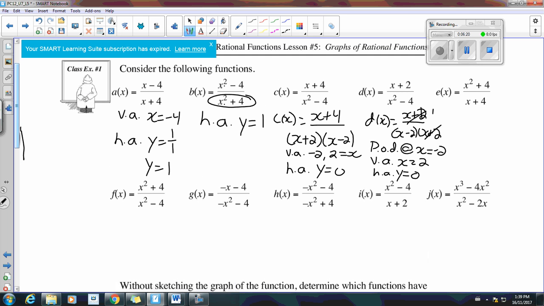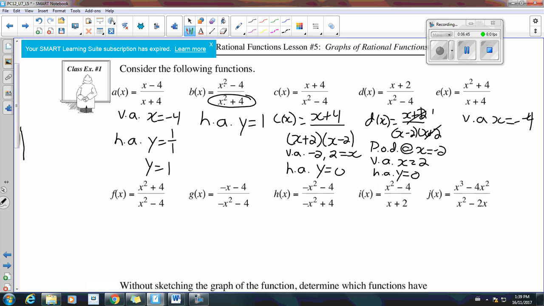Okay, the next one can't be factored, but there would be an asymptote here coming from the denominator. But there's no point of discontinuity. If we look at the degree of the numerator and denominator, the numerator is 2, the denominator is 1.